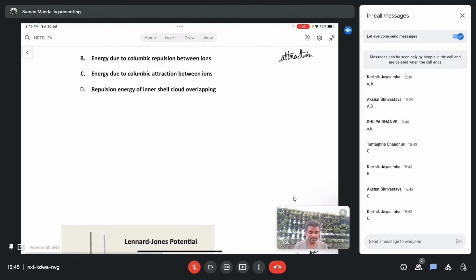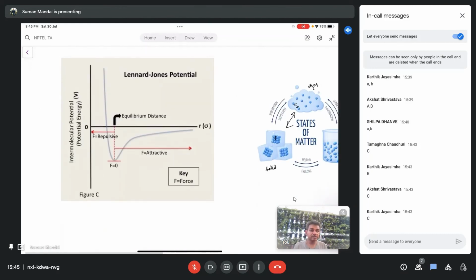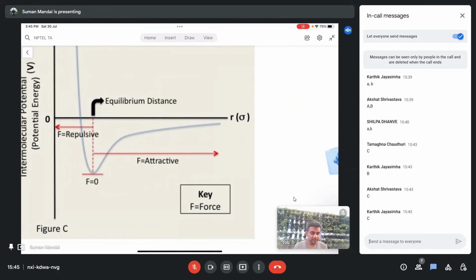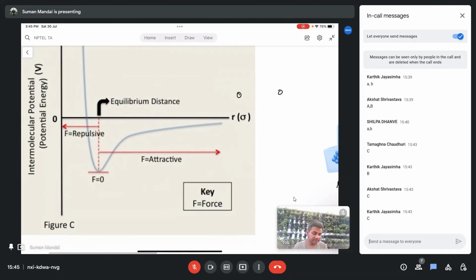And now what happens is that, if you go back to the same potential energy plot, you can see that the atoms themselves will try to pull each other. They will be attracted towards each other, and they will have a minimum free energy configuration. So when you cool down, you will be very close to this minimum free energy position.